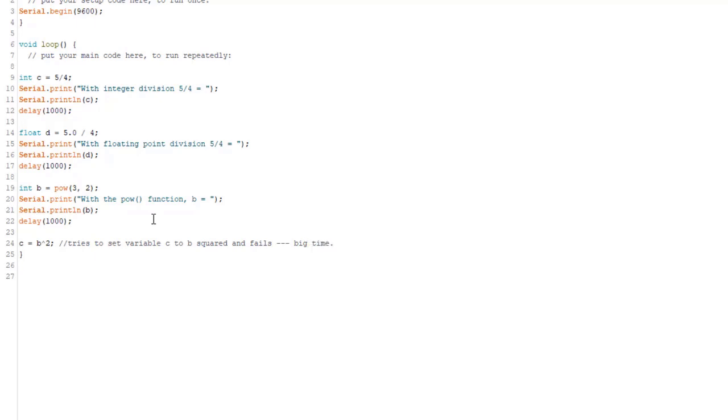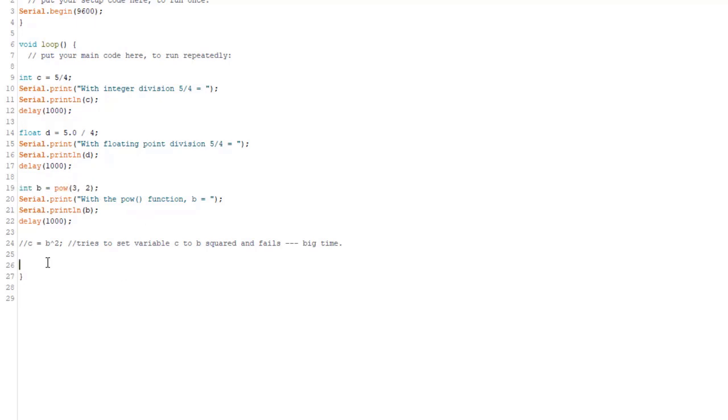The problem is it doesn't work. This kind of notation you might see on certain types of calculators. It might work in other programming languages, but this will not work in Arduino, so don't do it. Let's go ahead and comment that out because it won't work. I just wanted to put that there for demonstration purposes, but writing it the other way does work.